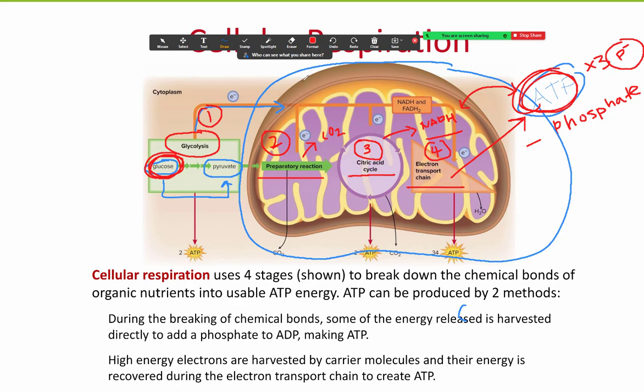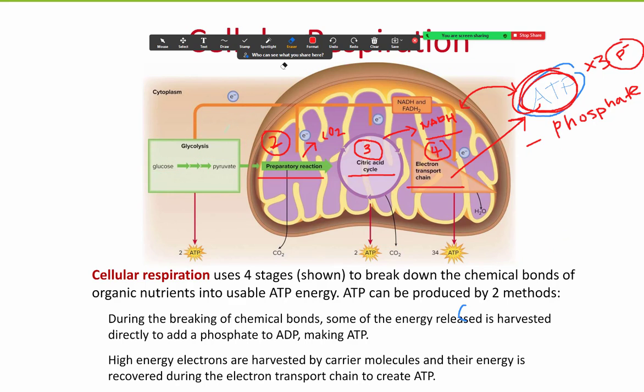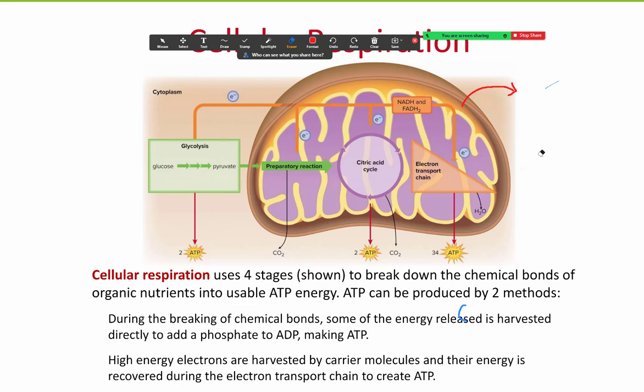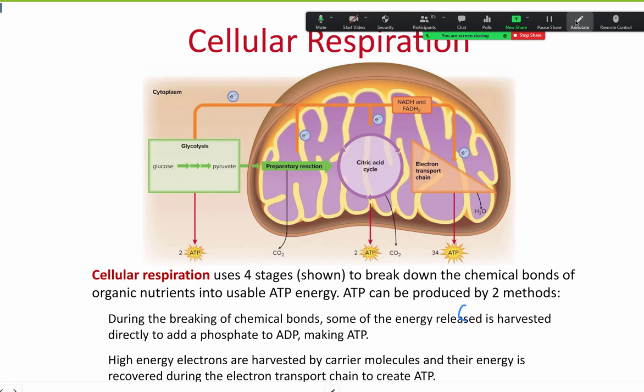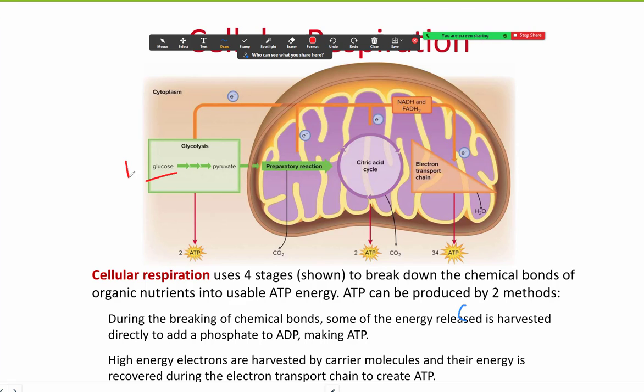And if you're curious, there's a natural numeric value. For every 1 glucose that you take in, you can make upwards of 30 to 32 ATP, which is pretty awesome. 1 glucose yields about 30 to 32 ATP.